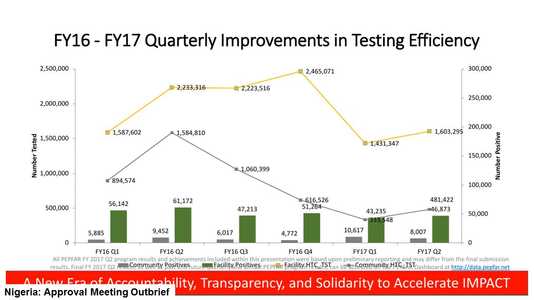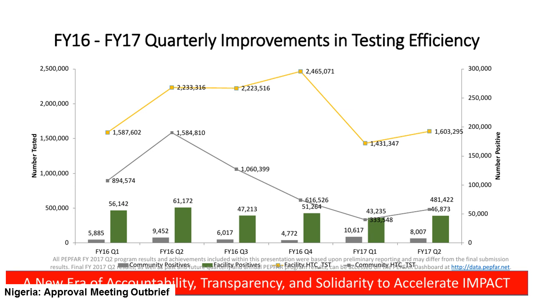At the same time, community-based testing had a yield of 5,885 divided by 894,574, or 0.65%. Basically meaning that community testing was much less efficient at finding positive individuals.